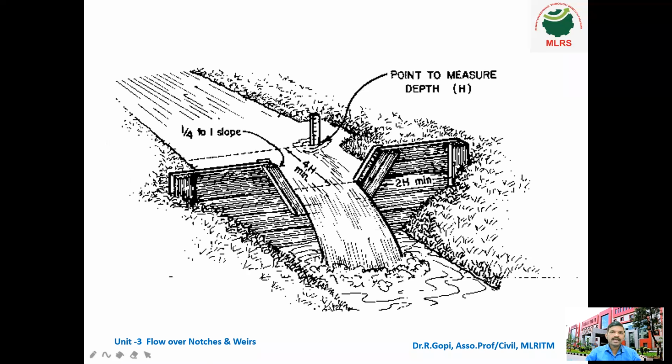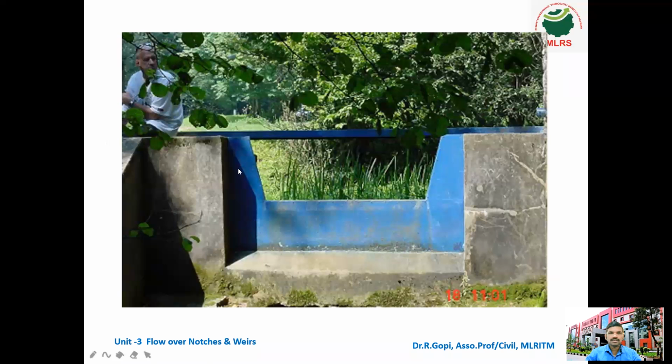So this is the diagram of the trapezoidal notch. The water is flowing in the trapezoidal notch, and before that, a scale is there to measure the depth or head of the water. This is also a real trapezoidal notch, made up of a metallic plate.